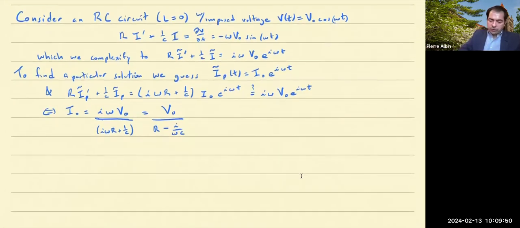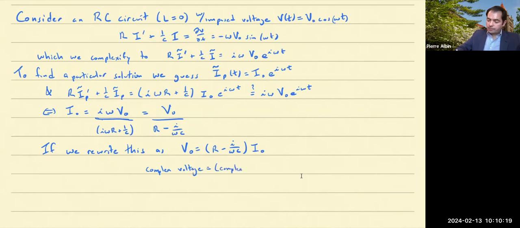Okay, this looks like Ohm's law, especially if we rewrite this as V naught equals this complex constant times I naught, right? So notice this says that the complex voltage is equal to some complex number times the complex current.